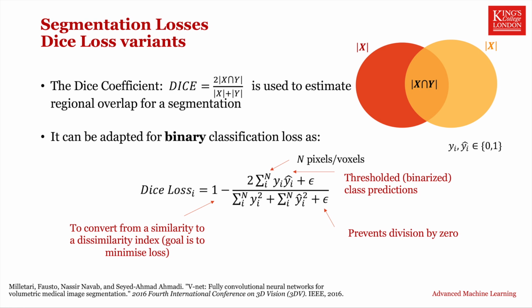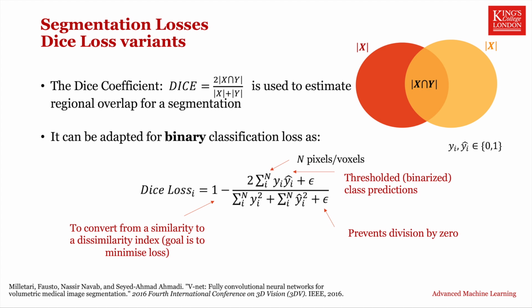Then, the practical implementation for binary dice overlap works in the following way. We sum over the ground truth y_i times the predicted labels y hat, where these have been hard thresholded to return a 1 or 0. So this combination here is therefore 1 if both y_i and y hat are 1, otherwise it's 0. Thus it counts all locations where the class is 1 in both images.